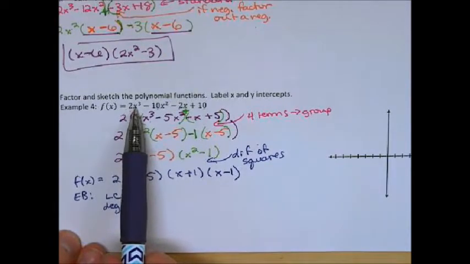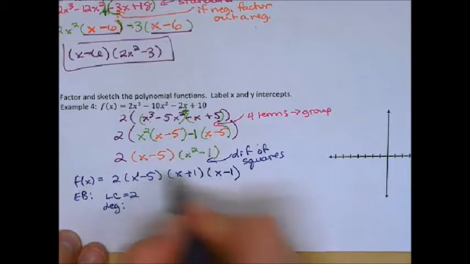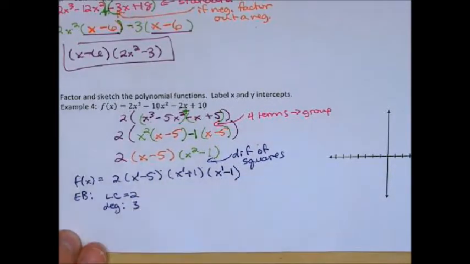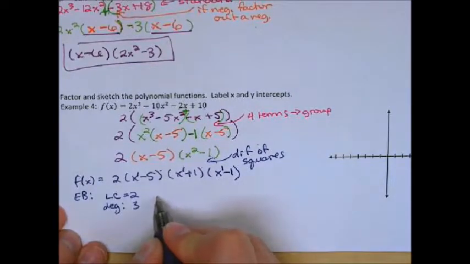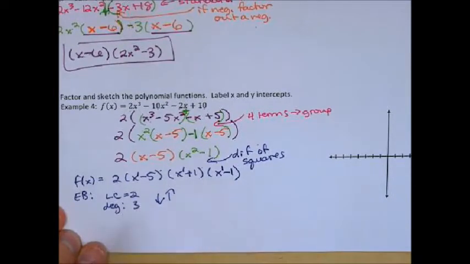We can look at our original problem, that's x to the third, or here I notice I have x to the first, x to the first, x to the first, and they all have 1s. So that's going to be a 3. So this is going to be a down, up. We're positive, odd.